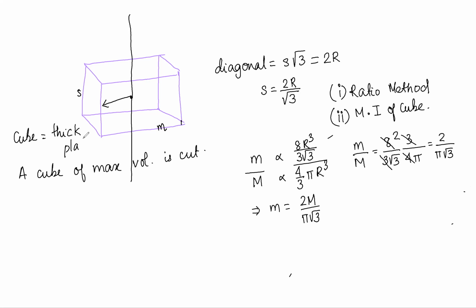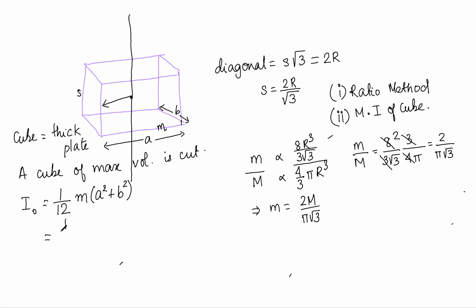In the last class, towards the end, I proved that the moment of inertia of a plate about its center is equal to 1 by 12 times the mass of the plate into a square plus b square, where a and b are the length and width of that plate respectively.